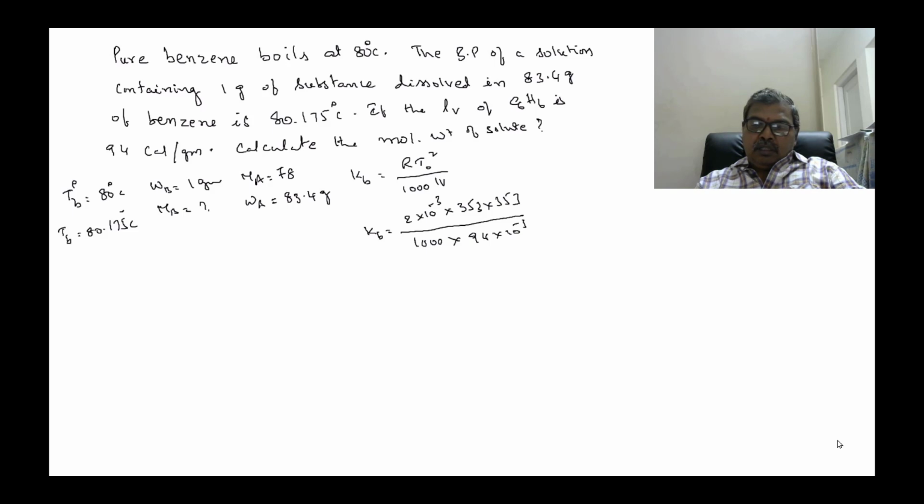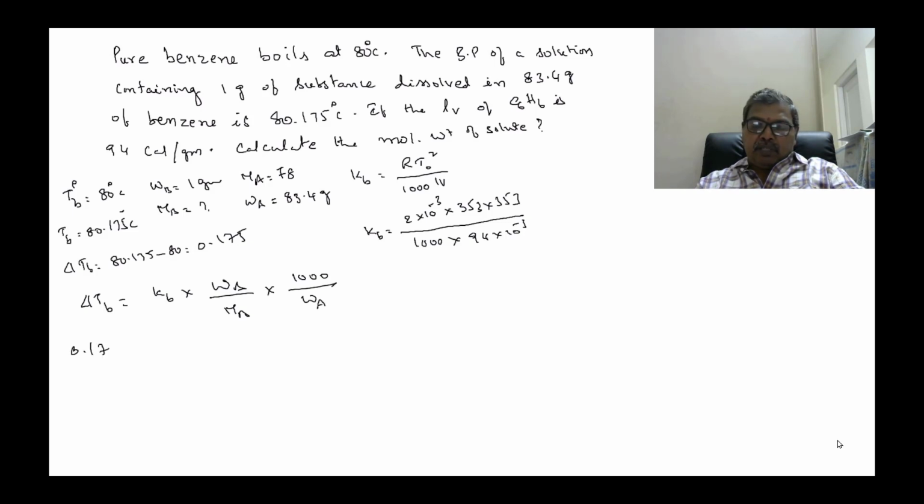Now delta Tb is 80.175 minus 80, which is equal to 0.175. So delta Tb is equal to Kb into Wb, weight of the solute, by molecular weight of the solute, into 1000 by weight of the solvent in grams.